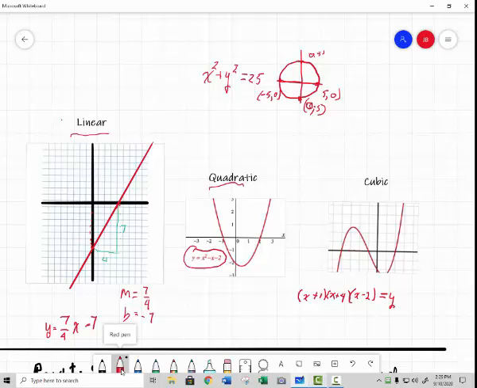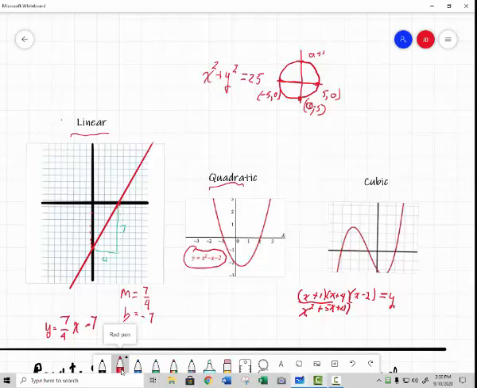Okay? You can also look at a third degree equation. If I multiply three of these variables together, I'll end up with something like this. I'll go ahead and expand it for you just to show you how to do it. Let's multiply these two right here. So that's going to be x squared plus 5x plus 4.